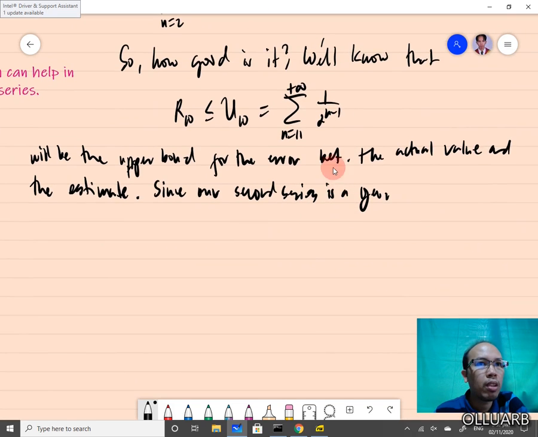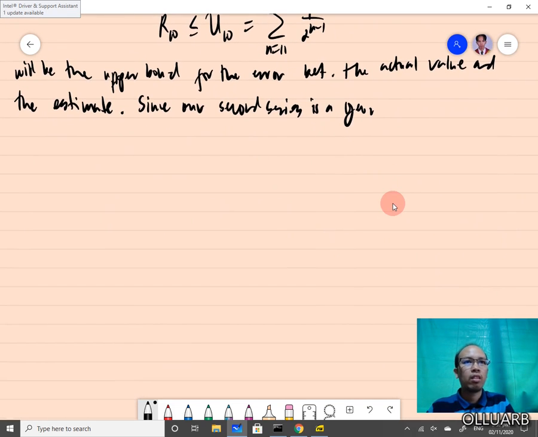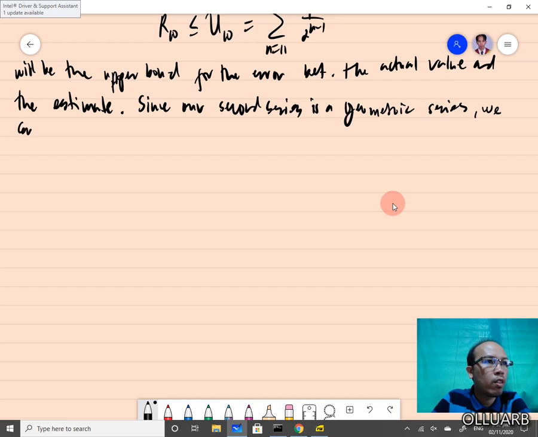Okay, let's move up. Since it is a geometric series, we can compute directly as follows.